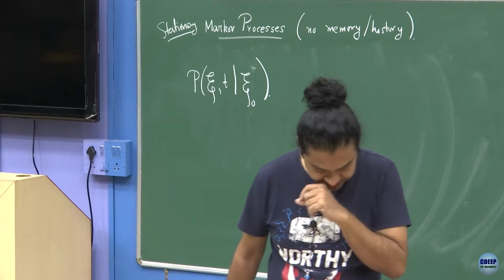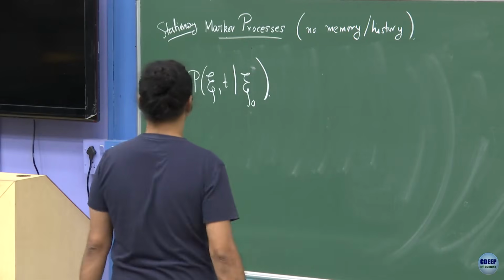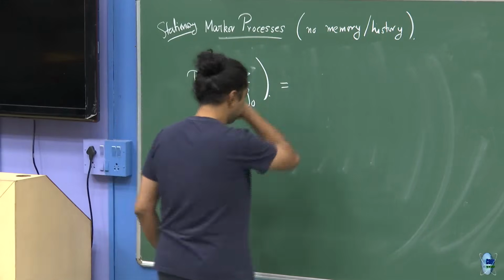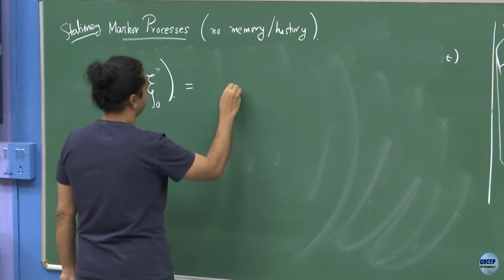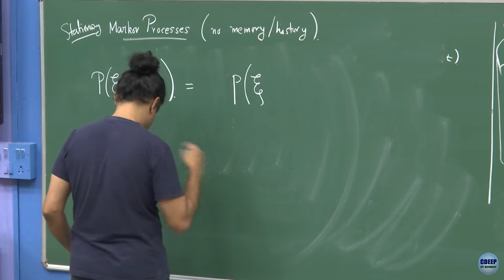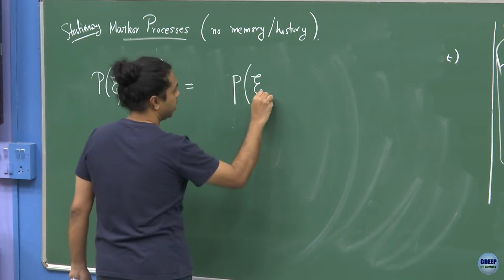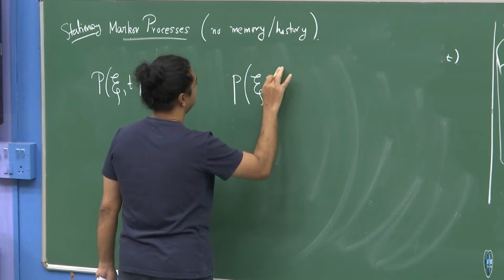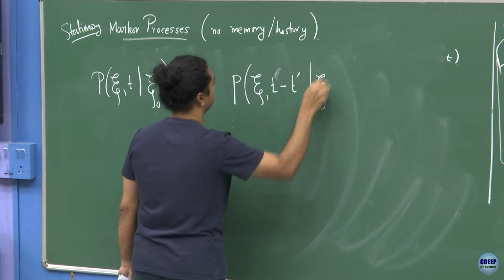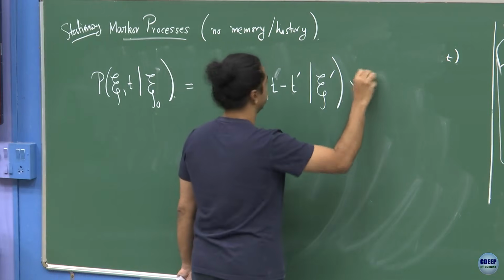Okay. So, the first step is to write down what is called the Chapman-Kolmogorov chain equation for Markov processes. So, essentially I can write this very simply as the probability of being at psi at time t minus t prime, given that you were at psi prime at this time t prime, times the probability of that itself.